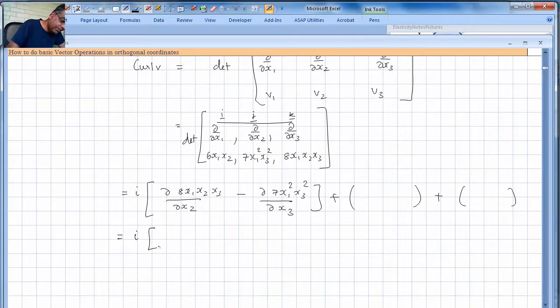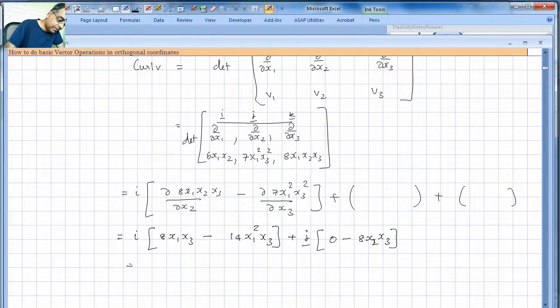So I'm going to do this. This turns out to be I times, well, differentiate this with respect to x2 and I'll get 8 x1 x3 minus 14 x1 squared x3, plus j times, you should know how to do this, 0 minus 8 x2 x3, plus k times, differentiate that with respect to x1, 14 x1 x3 squared minus 6 x1.